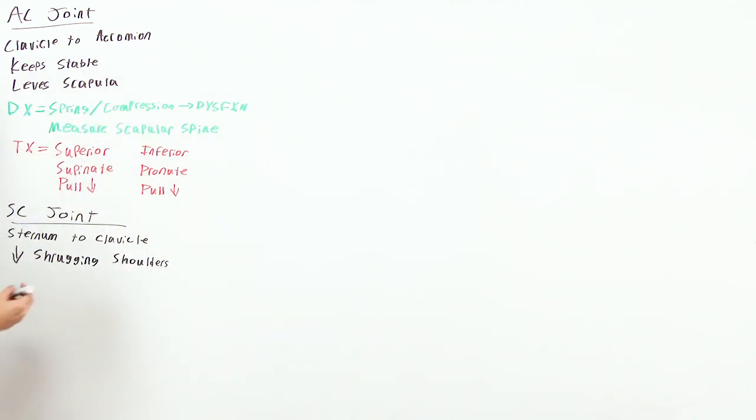So what happens when it's dysfunctional? Use some of the concepts that we talked about from the earlier lectures. Dysfunctional is just abnormal motion of anatomy. So if the normal motion is moving downward with shrugging your shoulders, the dysfunction will be that it will not be able to move like this.